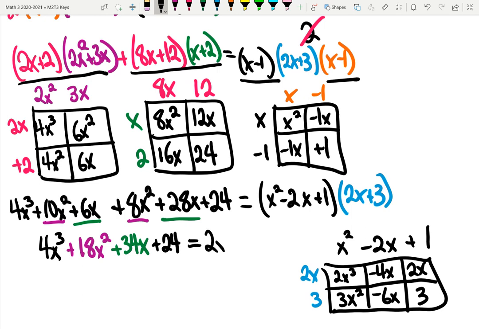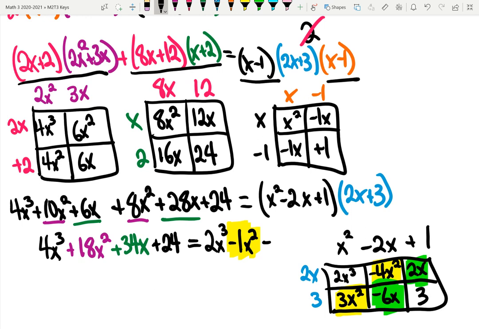And I'm going to combine terms in the same way I did up above. 2x to the third is the same. I see, this is supposed to be x squared. Minus 4x squared and 3x squared is going to make a negative 1x squared. Next up, I'm going to see negative 6x and 2x.